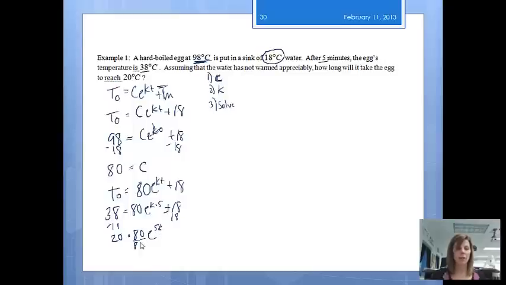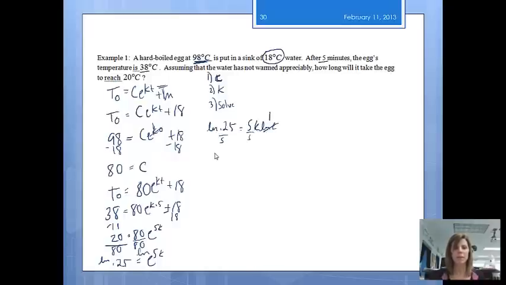From here, I'll divide both sides by 80. So I will get 20 divided by 80 is 0.25, and as long as that's an exact decimal, I can use decimals. And we'll get e to the 5k. Just like we have done in all the other problems, we'll take the natural log of both sides. So I will get the natural log of 0.25 is equal to 5k ln e, and we know the natural log of e is 1.